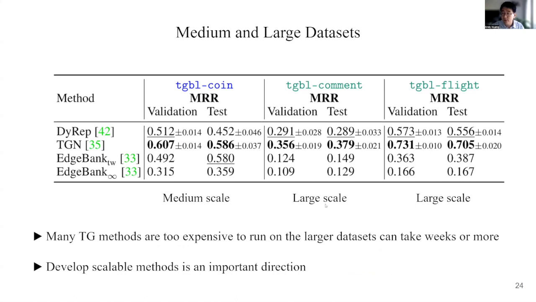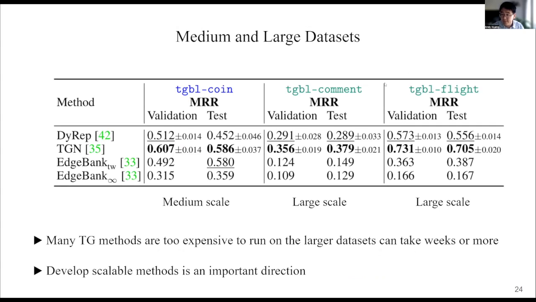Okay, so these are the large scale data sets that we have in the link prediction task, with the largest data set being the flight data set with 67 million edges. The blue one is the medium scale, and the green means that it's a large scale data set. We can see that on these data sets, for the most part, both DyRep and TGN can outperform the edge bank heuristic.